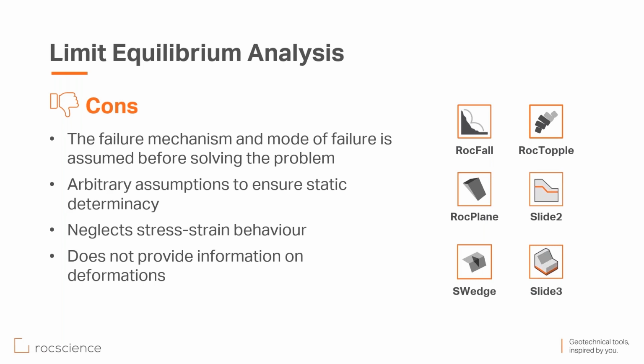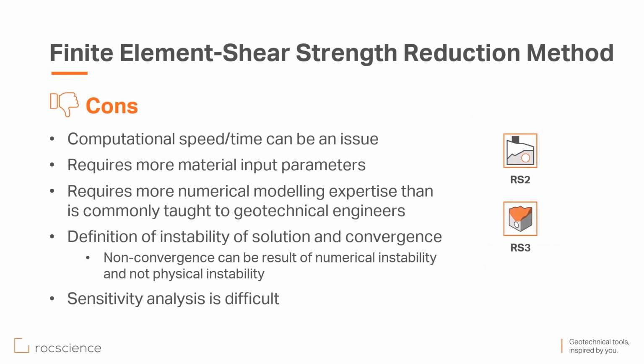in these methods. The other method that we have to deal with the slope stability problem is the finite element shear strength reduction method. We have this method implemented in our RS2 and RS3, the 2D and 3D finite element programs.